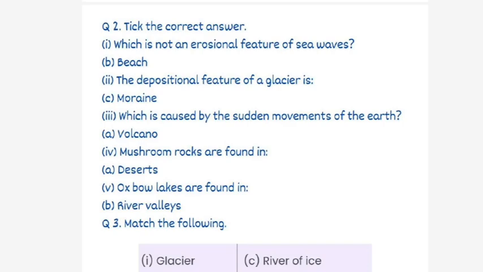Sub-question 3. Which is caused by sudden movements of the earth. Answer is option A, volcano.